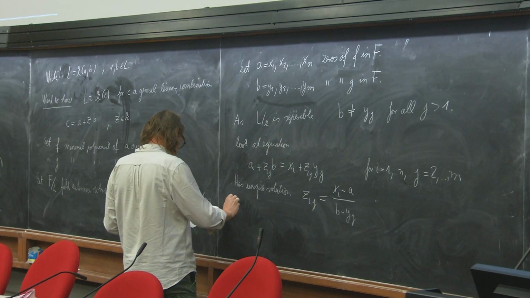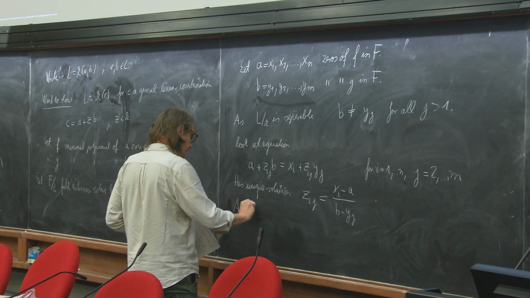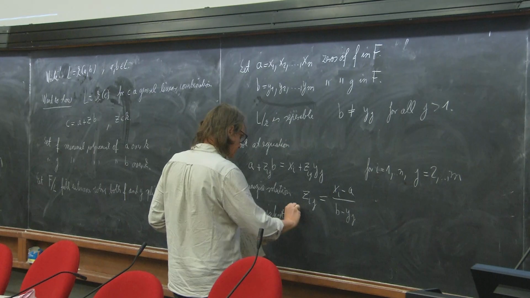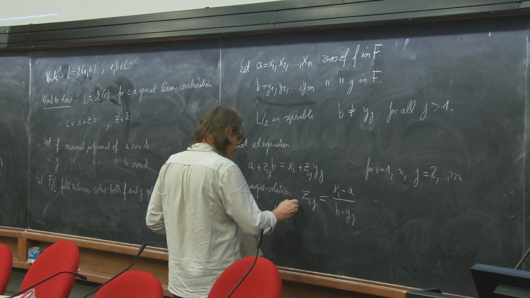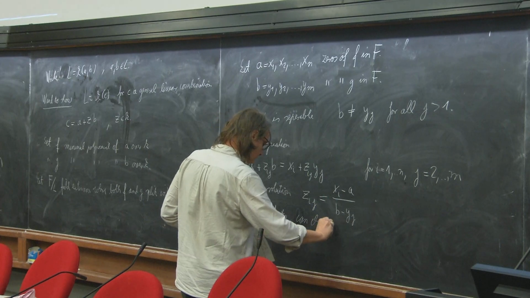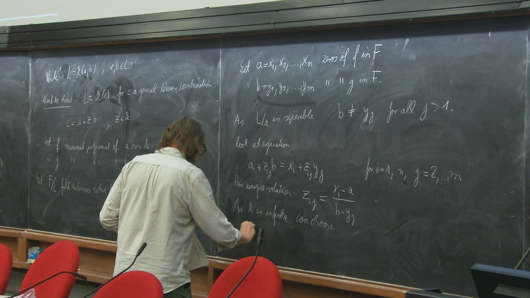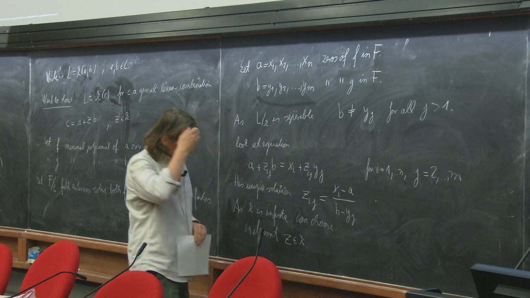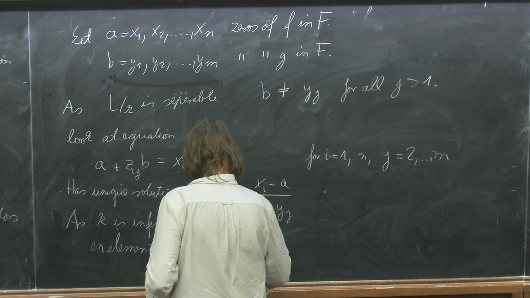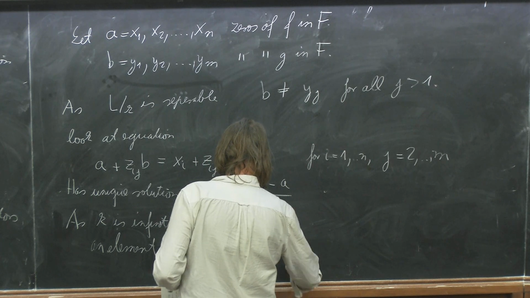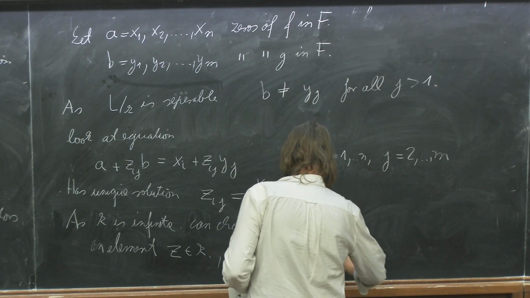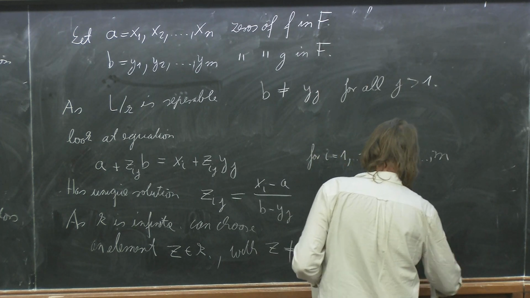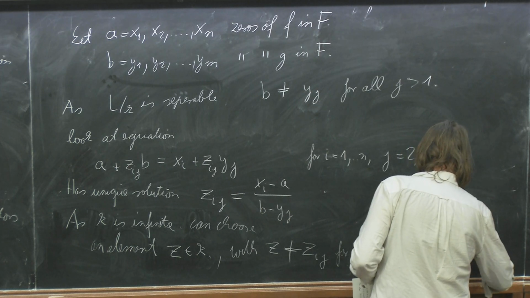So, as K is infinite, there is an element we can choose, an element z in K, which is different from all zij, for all i equal 1 to n, j equal 2 to m.